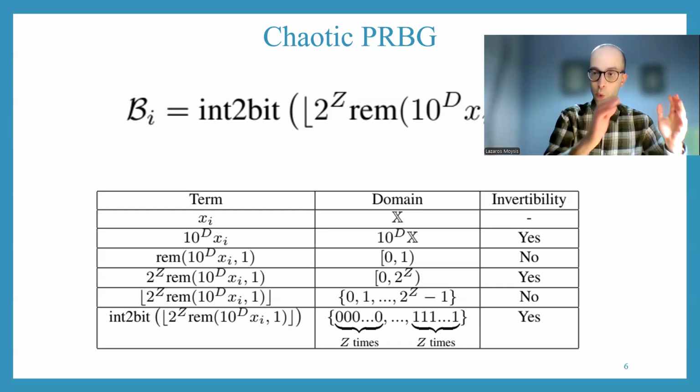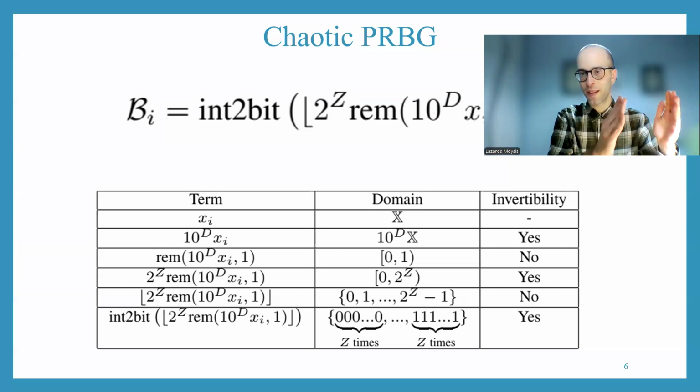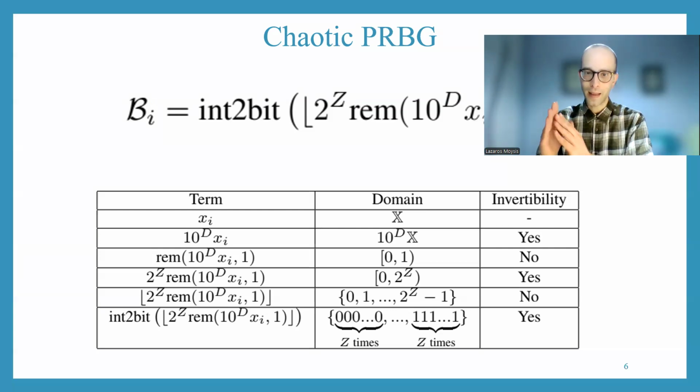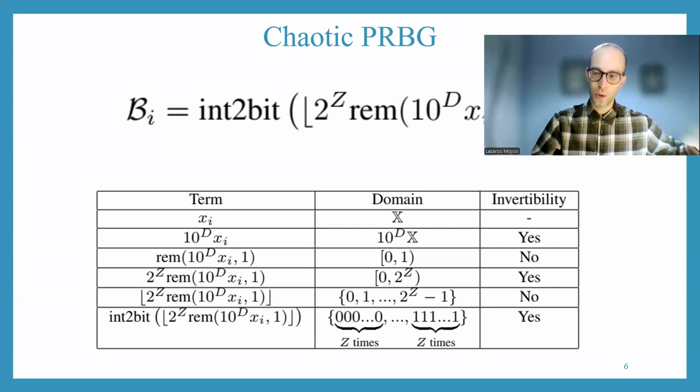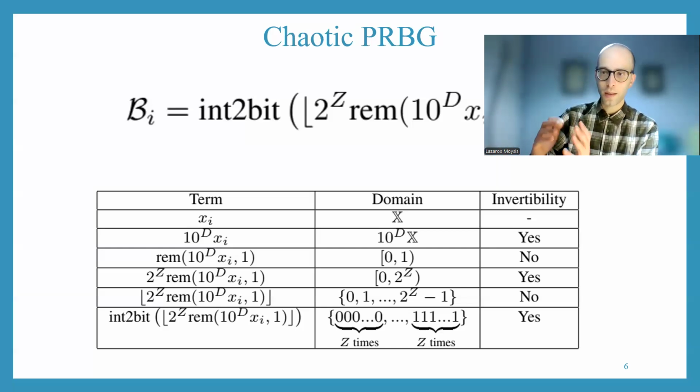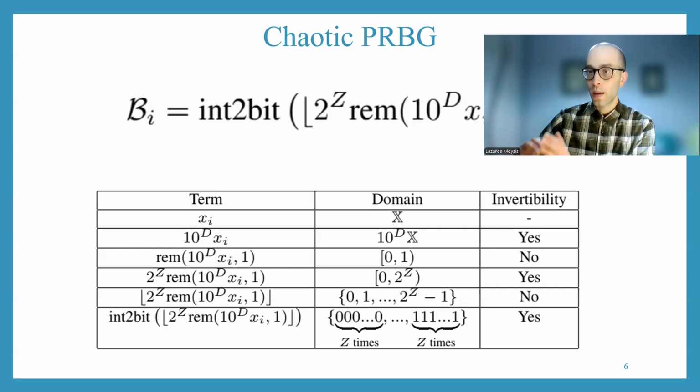So basically we move the floating point of the number xi to the right. Okay, we take the remainder operator. So this is the cutoff operator. This is non-invertible. So we basically discard all the most significant digits of the map, and we only keep the less significant ones, which, as you can understand, are the digits with the higher randomness.